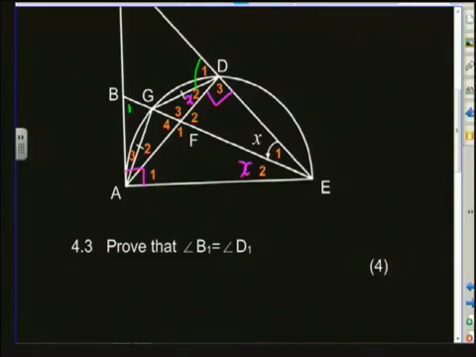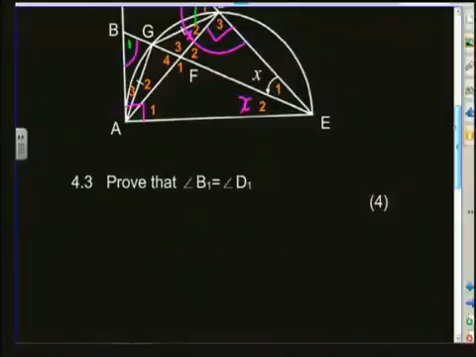So therefore, using triangle ABE, it is possible to work out angle B1. And then, using angles on a straight line, it's possible to work out angle D1. And should those be the same, then we can state that angle B1 is equal to D1. So let's see if we can show that these two are the same.